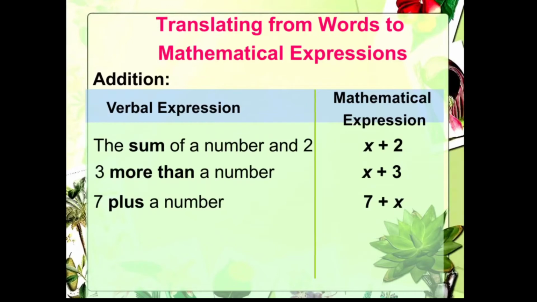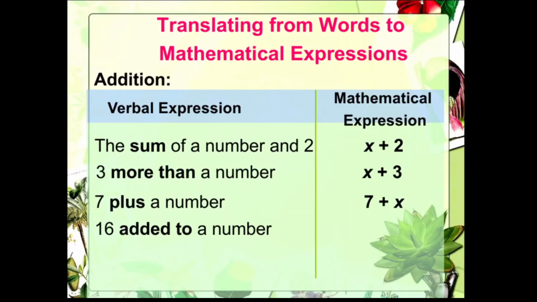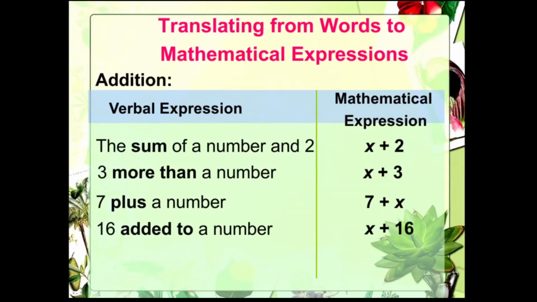Next, 16 added to a number. From the word added, that is for addition, and we are going to add 16 to a number. What is the number that is missing? Therefore, we will use x. In this case, we have x plus 16. As you can see, we added 16 to the number.